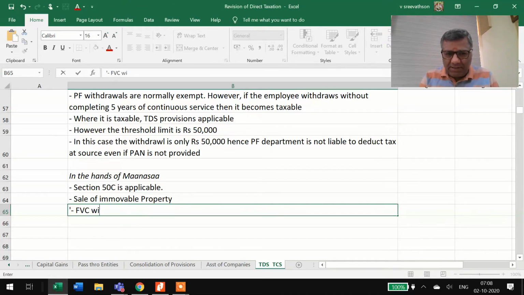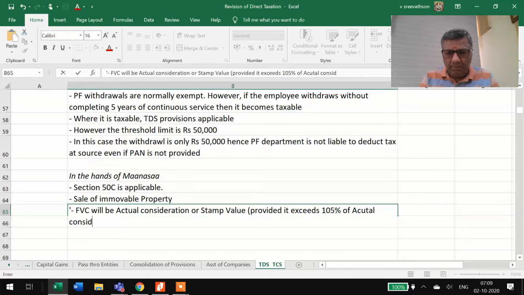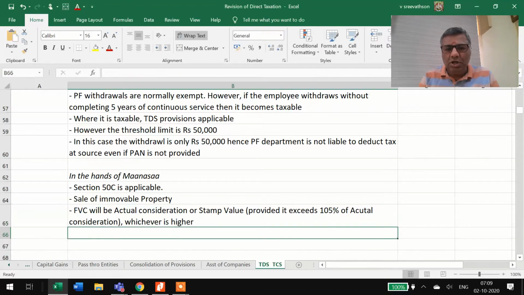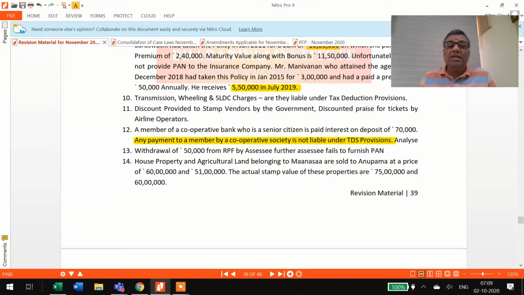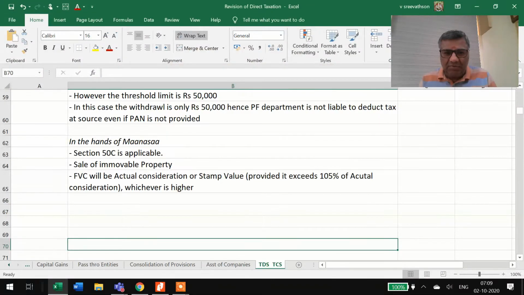Full value of consideration will be actual consideration or stamp value, provided it exceeds 105% of actual consideration, whichever is higher. So she will pay tax taking it as 75 lakhs and 60 lakhs.